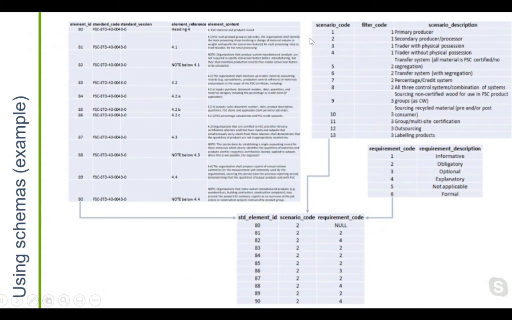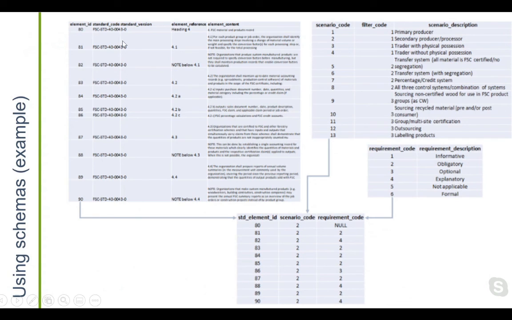You have the COC scenarios here on the top right side, and then you have the standards elements here on the left. Basically, you have these 3 entities. You have these created when you import the solution file, and also with the data import, the CSV files that we provided you.